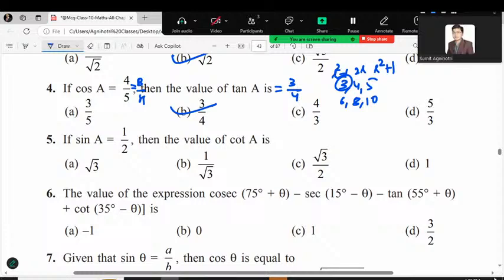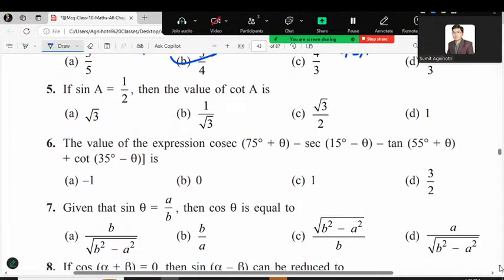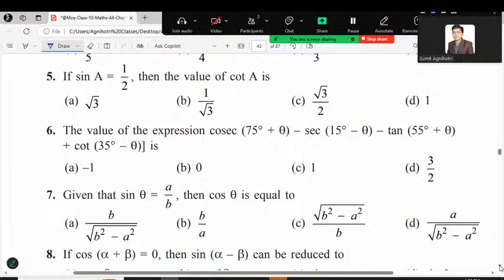Okay, answer 5 and 6 in front of you. They all are easy. You just try to answer quickly. The main game is time consumption. You need to solve it very quickly.